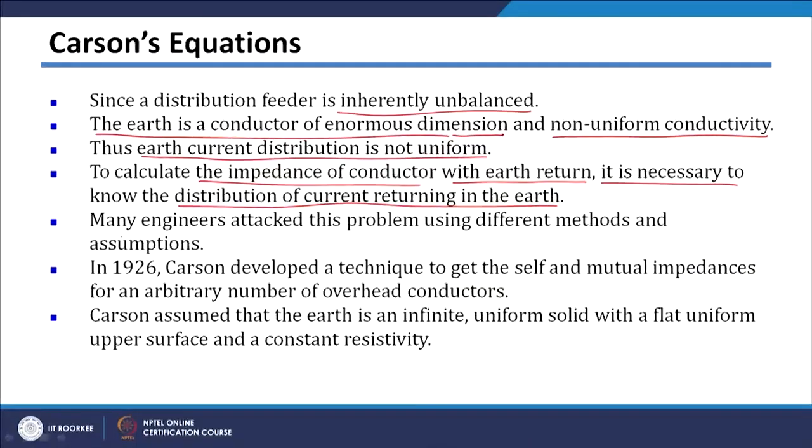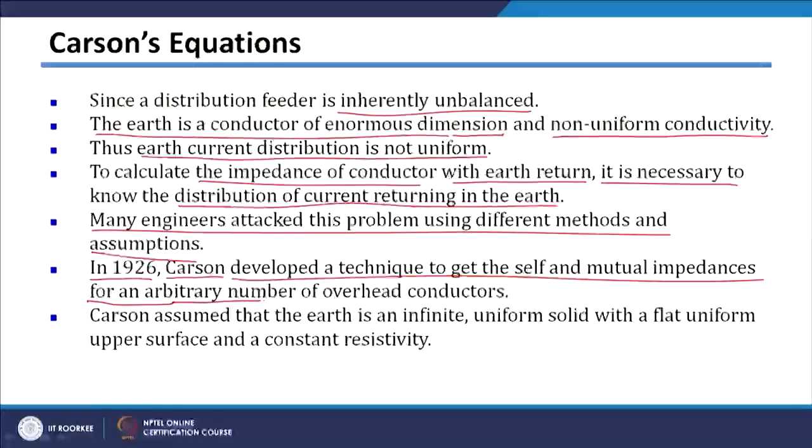However, this problem is attacked by many engineers, and they have made many assumptions while deriving that. One of them is very famous, which is derived by Carson in 1926, and this is applicable to power system study, which will give us the self and mutual impedances of any arbitrary number of conductors when there is earth return current flowing.